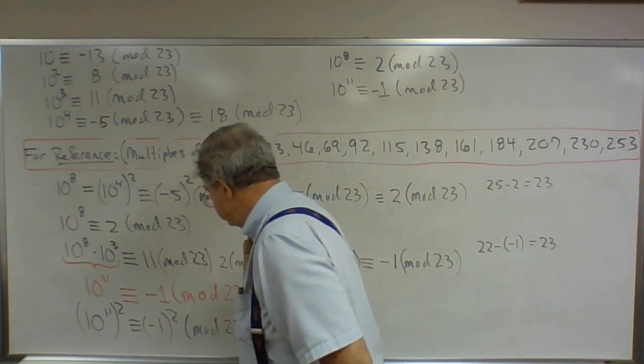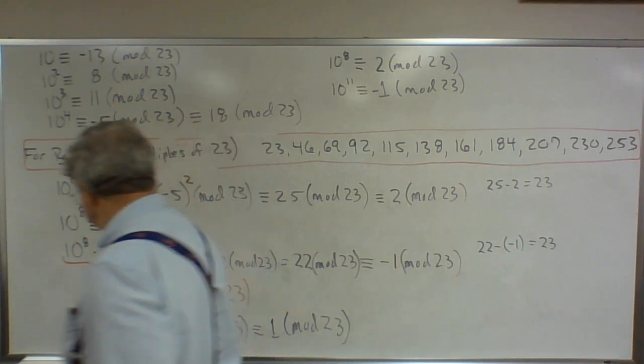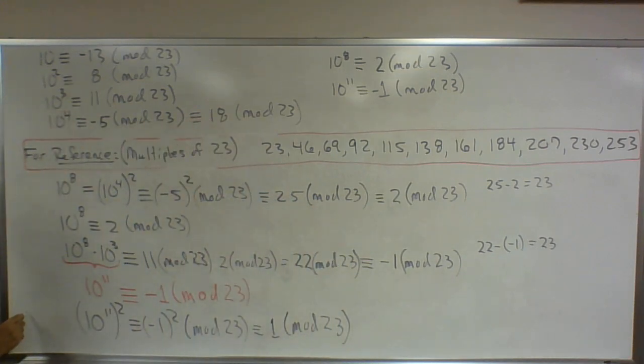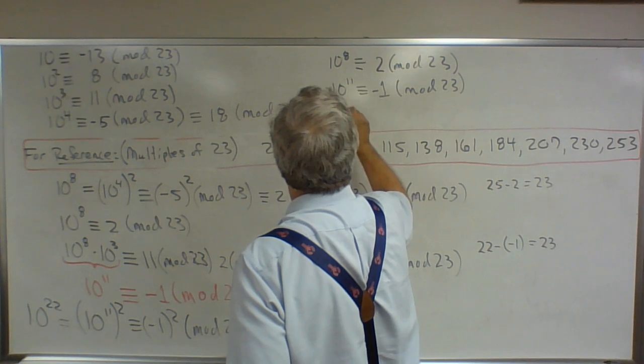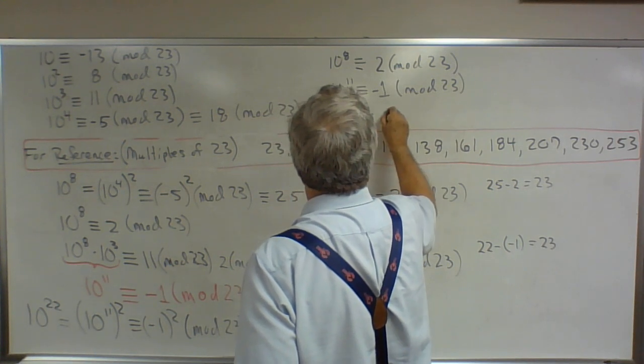And 10 to the 11th squared, that's 10 to the 22nd, is congruent to 1 mod 23.